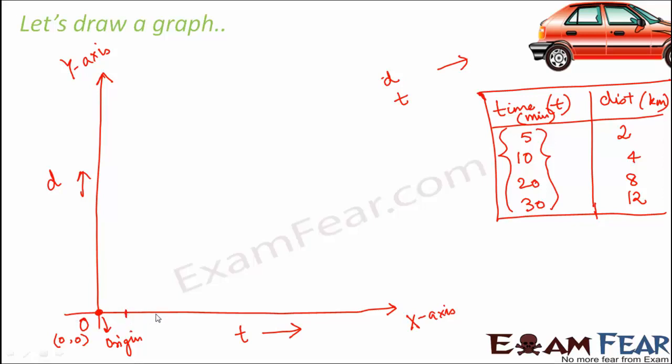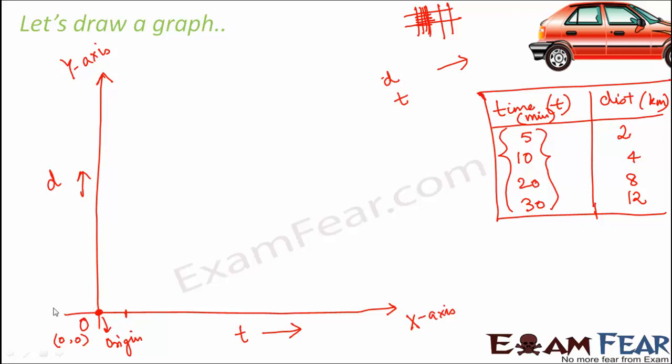If you have ever drawn a graph on a graph paper, you will see that the graph paper contains squares like this, and inside the big squares you have small squares like this. That is how a graph paper looks like. So while scaling the x-axis and the y-axis, we assume that one big box would represent so many units. Why do we do that? I'll tell you about that also.